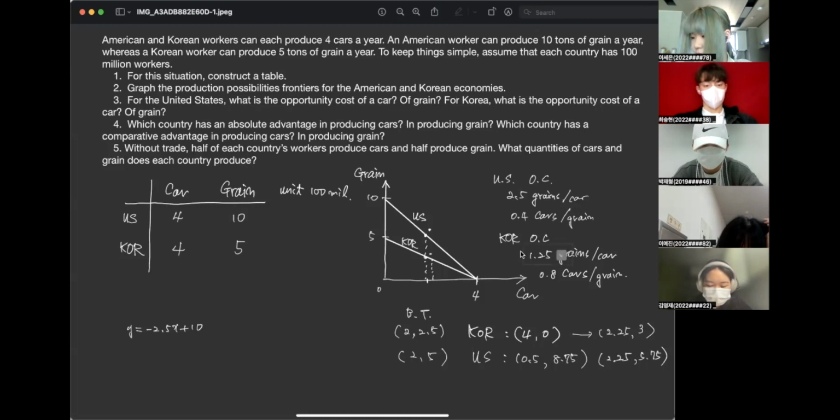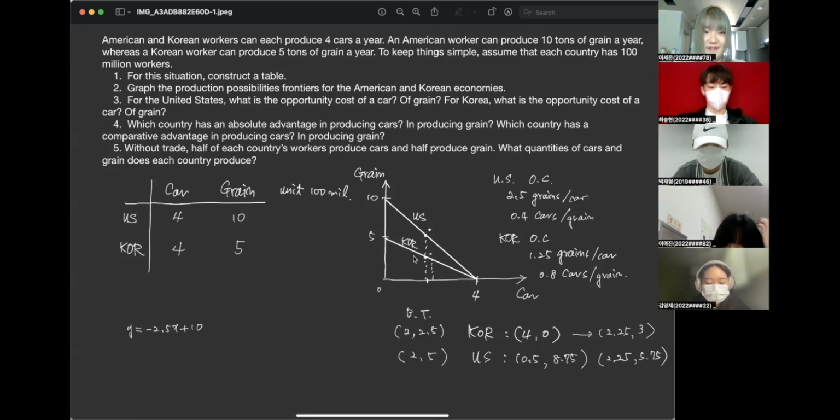Well, let's see. In this case, Korea's PPF is smaller than the US, right? Even though we share the 4 as the production point of cars, Korea's PPF is on the left-hand side relative to the US.